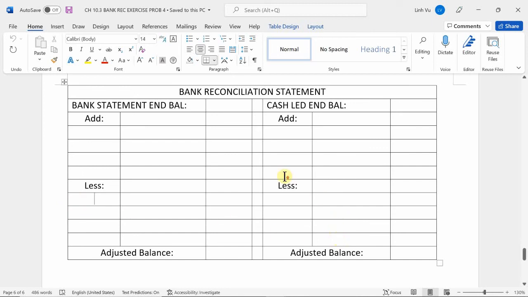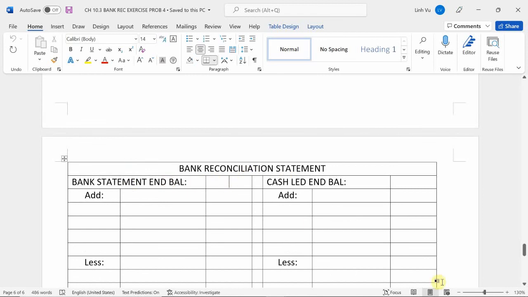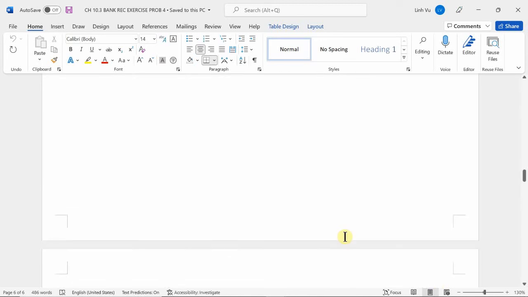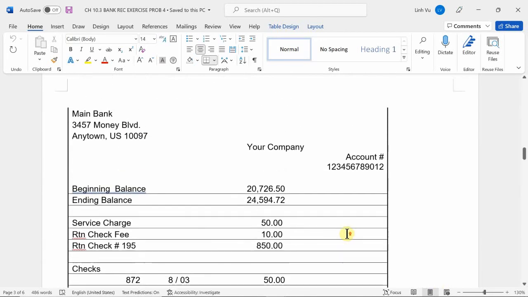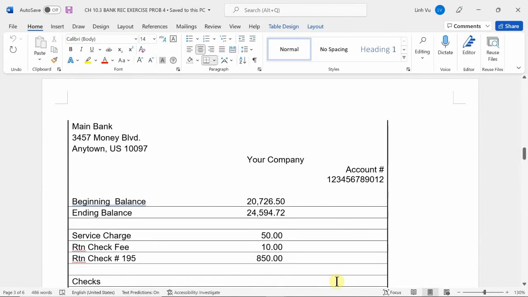The bank. Okay, what's your ending balance in your bank account? Okay, ending balance 24,594. Good. This is your ending balance. I'll highlight that so you know what this is. This number here.